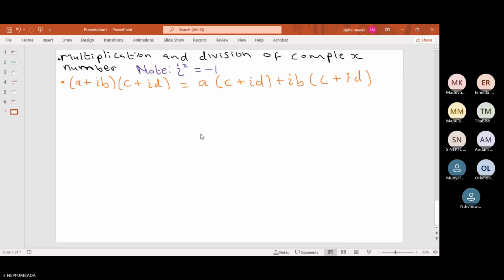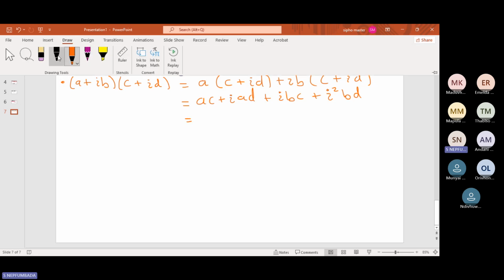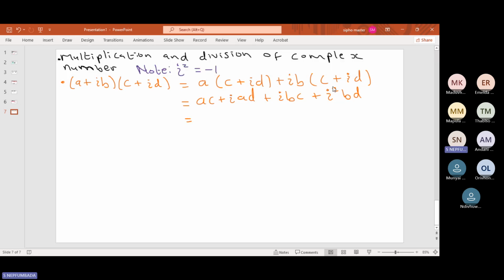Are we good? Yes. And this is nothing but ac plus iad plus ibc plus i squared bd. But we know that this is equal to minus 1.